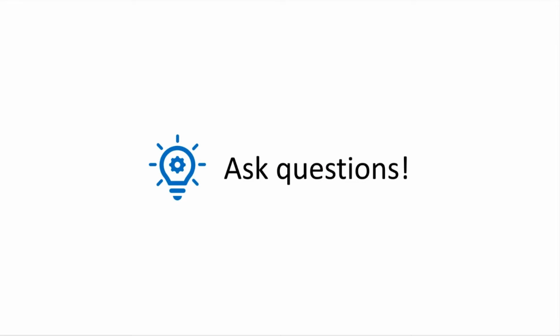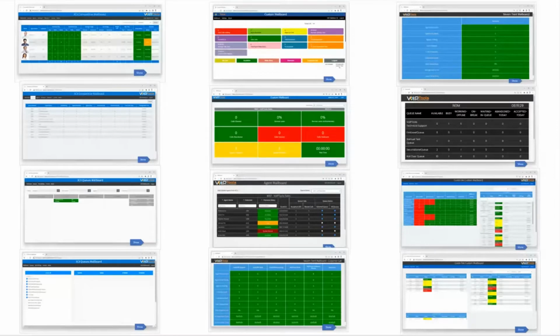We're not going to do a deep dive on these applications, but I did want to give you a flavor of some of the different wallboards that we've created. This is all of them. This is just a general example of the types of wallboards that we've created. We do have 4 wallboards that are commercial products that are fully supported and have installers and manuals and all of that stuff.